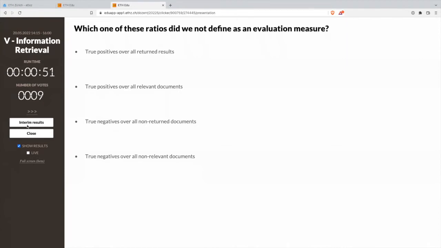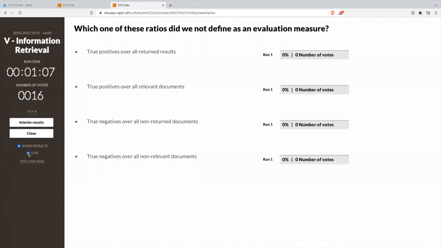All right, so I see answers coming in. All right, shall we look? So, true negatives over all non-relevant documents.